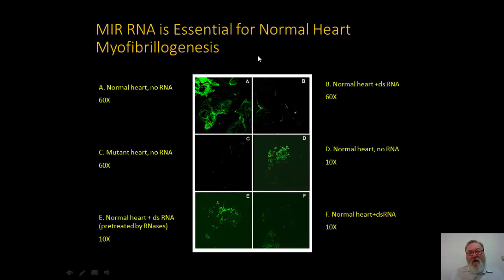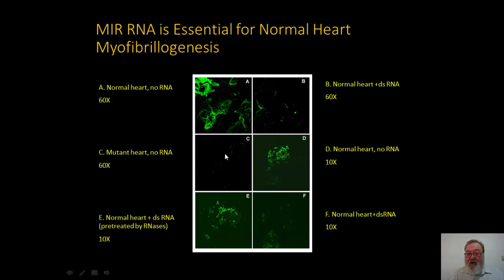We also wanted to show whether the MIR RNA is essential for normal heart myofibrillogenesis, normal heart development. This is a normal heart with no RNA, and as you can see, the tropomyosin is stained significantly. Here's a normal heart in which we have tied up the normal RNA using a double-stranded RNA, so we call it dsRNA, and it ties up the RNA and breaks it down so that it can't function, and in that case, we did not get normal heart development.